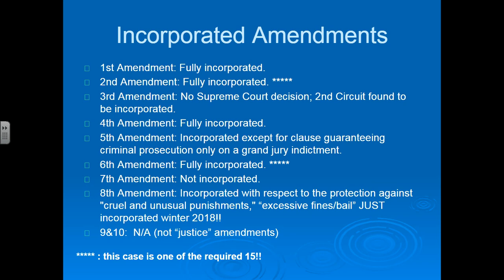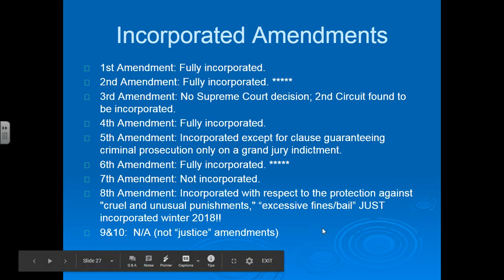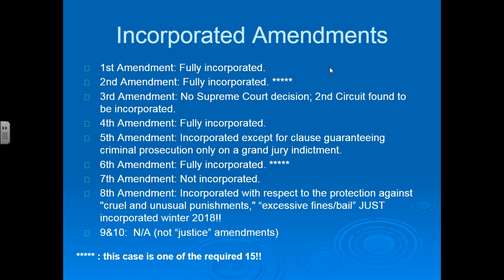Now you'll see little asterisks here. It says this is a required case. So the Second Amendment incorporation case, that's a required College Board case. It's McDonald versus Chicago. The Second Amendment was not incorporated to the states until 2010, which is interesting.